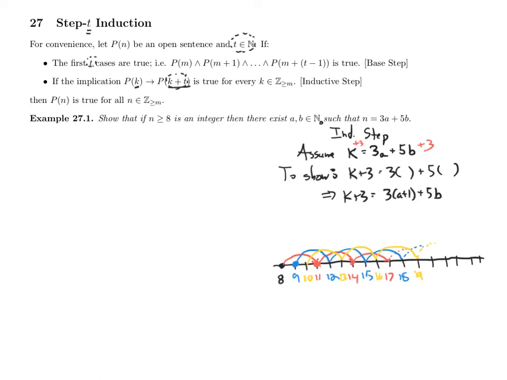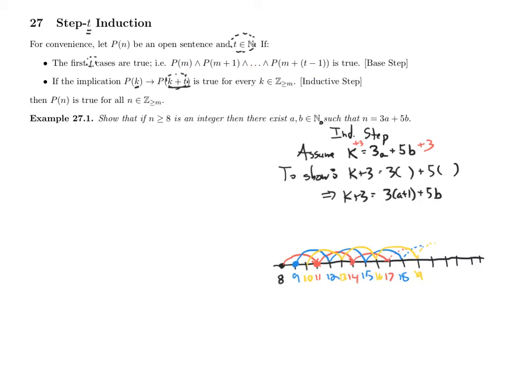So, let's talk about what this is precisely then. In step T induction, we have some sort of open sentence that we want to prove, and we're going to do it in step T induction. That's the gap between the input and output of our machine, so there's 3 between them. It's a step 3 induction. So what we need to do is we need to show T base cases are true.